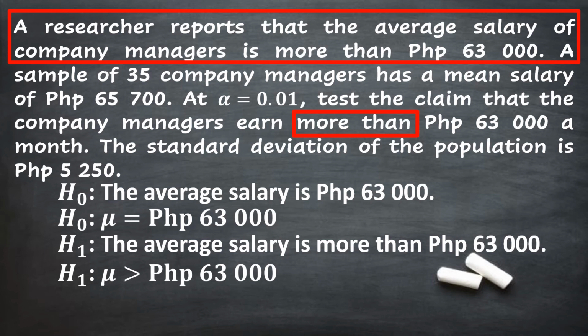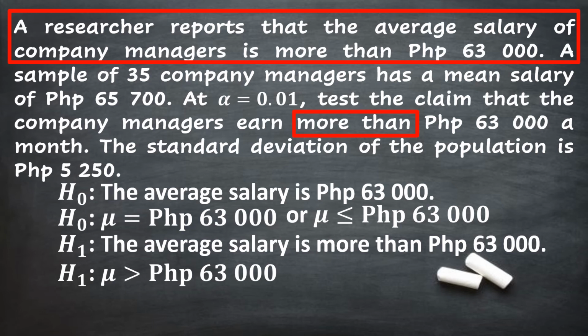Or just take note na for alternative hypothesis, the inequality symbols that we are allowed to use is just greater than or less than. Yun lang. And just to show you, if the alternative hypothesis is a directional statement na kagaya nito, more than or less than, yung null hypothesis ninyo can also be written as population mean is less than or equal to 63,000 pesos.